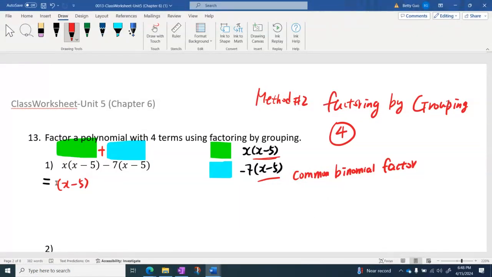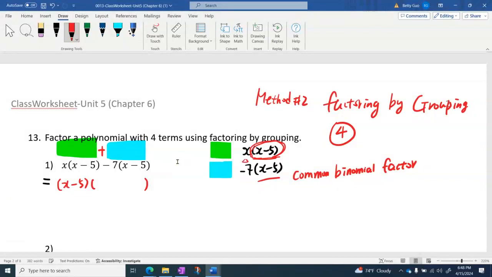Remember, how do we factor something out? We copy it and then follow with a parenthesis. Copy x minus 5 and then follow with a parenthesis. Let's see, how do we do that? The first part, the green part, we factor x minus 5 out, like we kick it out.